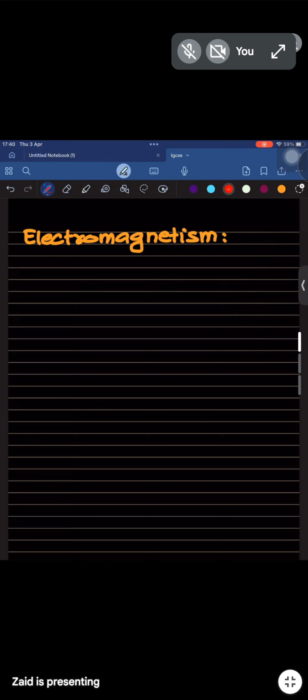So electromagnetism is when you are having your electricity flowing and magnetism induced because of it. Now they will ask you to draw the magnetic field lines because of a wire carrying current. So let's consider this is a wire carrying current, and you have to draw the field lines.